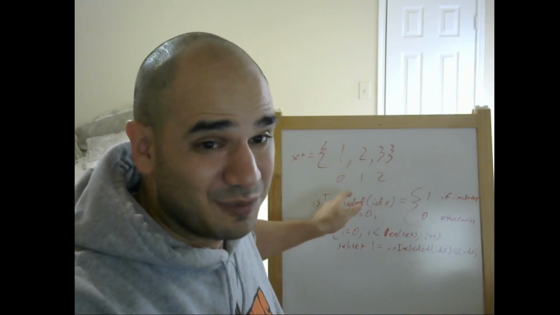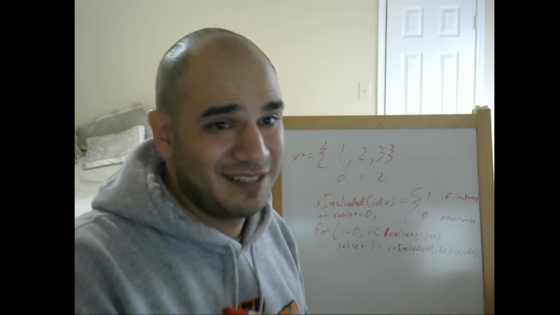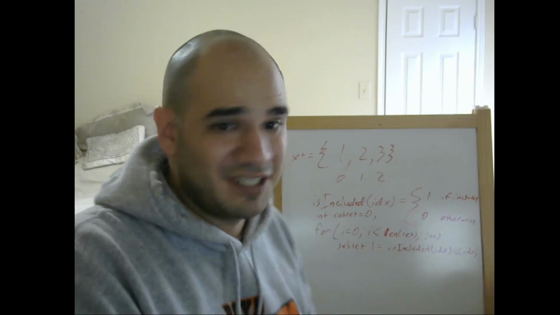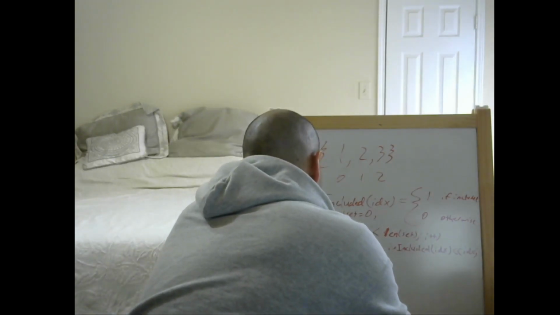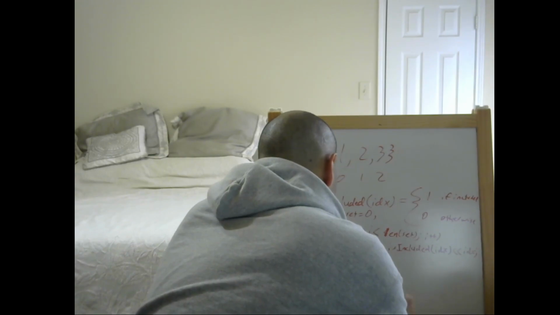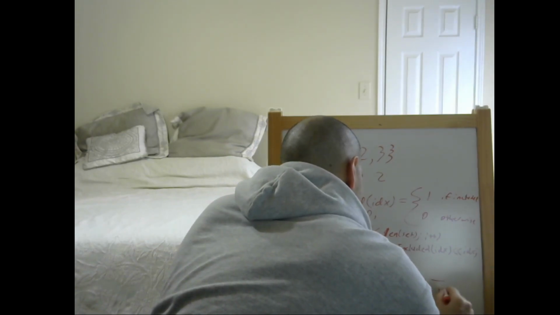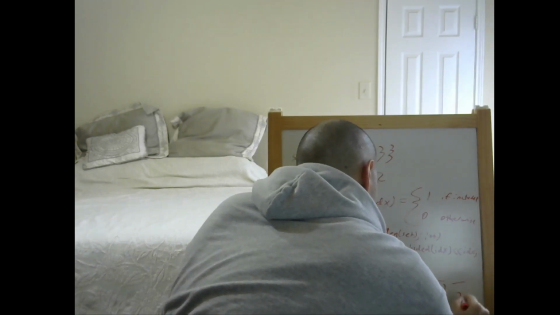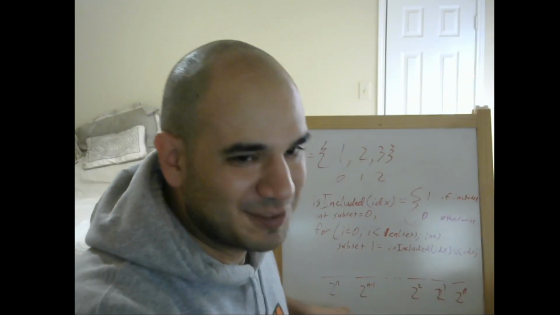So we can create this one-to-one correspondence between the index within the set and the binary representation of a number. So this is essentially going through and filling out this binary representation.